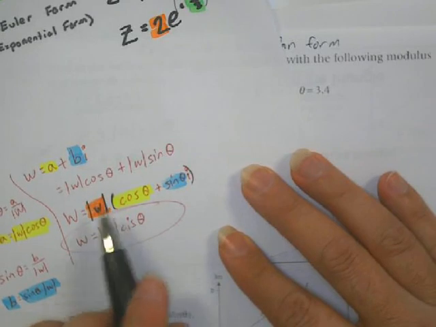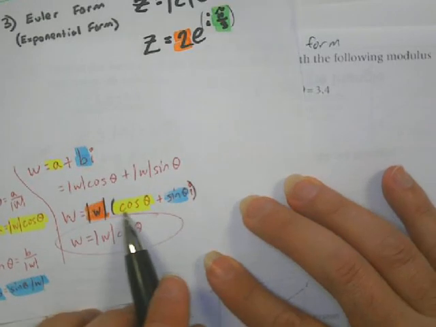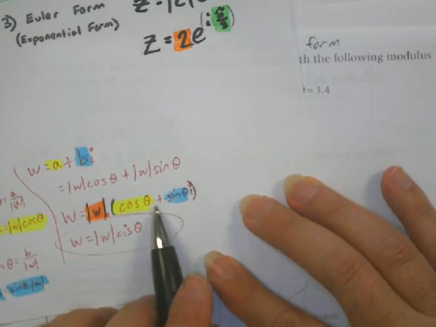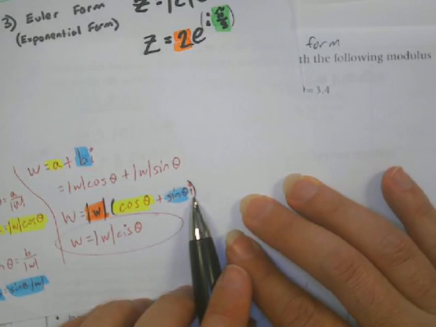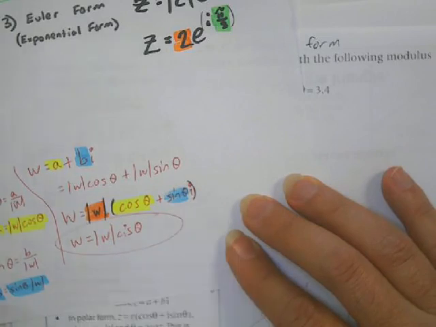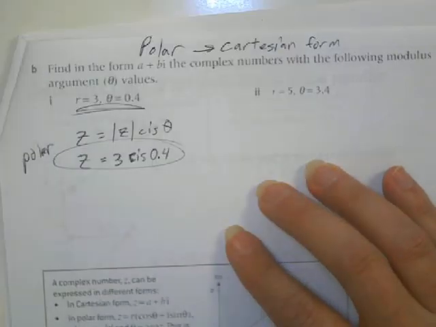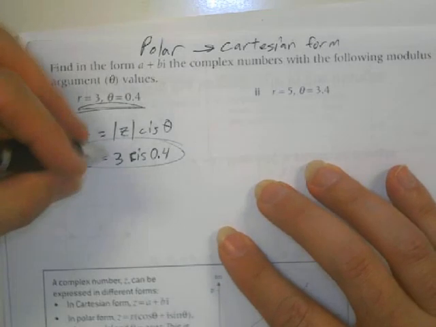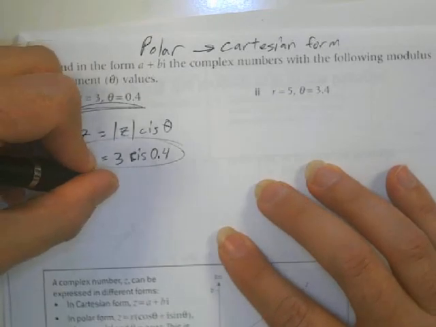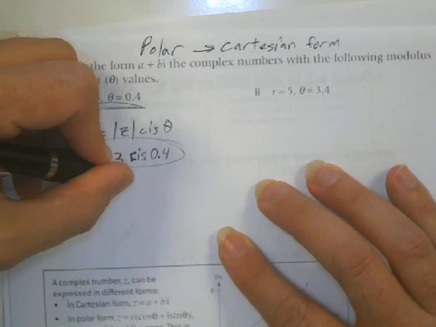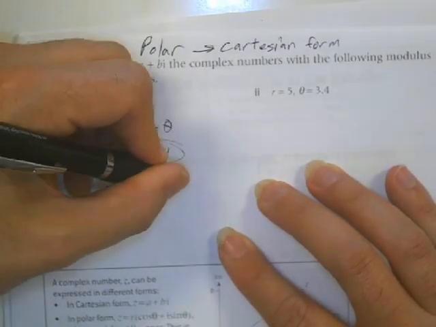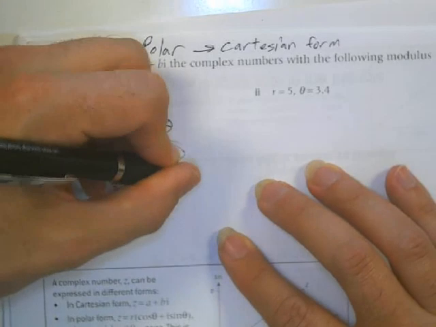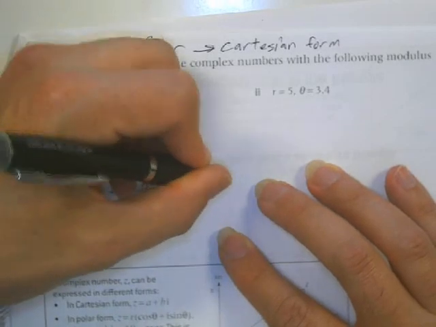Cis means cosine theta plus sine theta I. So what we really here have is 3 times cosine 0.4 plus I sine 0.4.